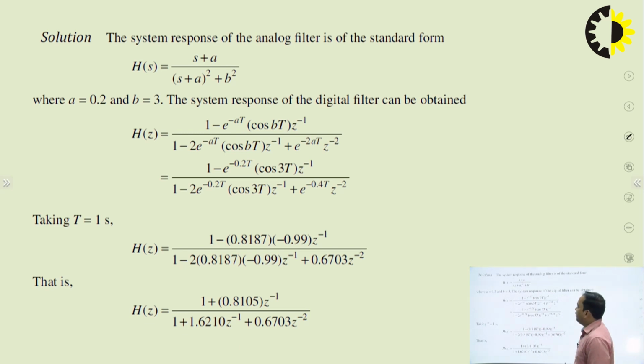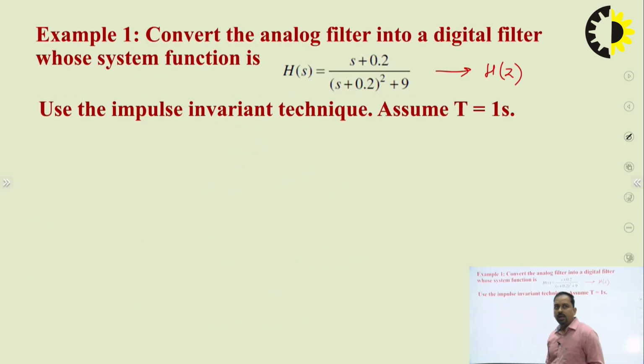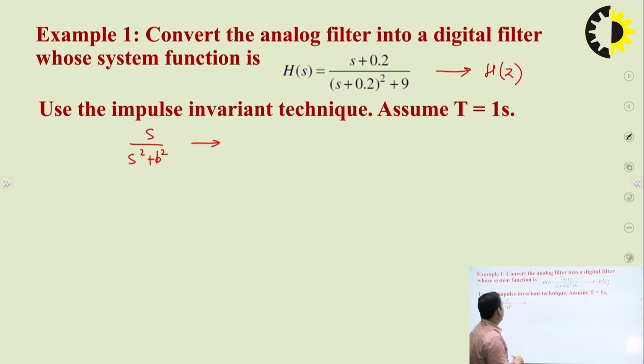If we compare with our equation number 2, s plus a divided by (s plus a) whole square plus b square. Before that, I just want to explain this numerical using our basic method. For s divided by s square plus b square, the Laplace inverse will be cos of bt.